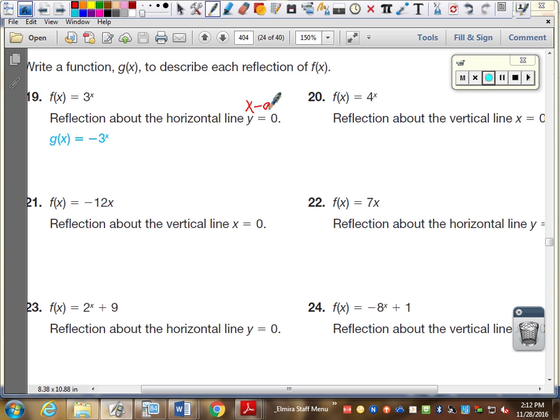Remember, that's the x-axis. So if we're reflecting over the x-axis, the entire function gets a negative sign. If we're reflecting over x equals 0, that's the y-axis, that means I'm going to stick a negative sign only in front of the x.